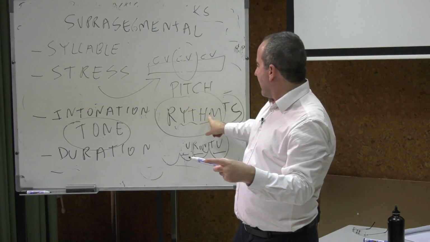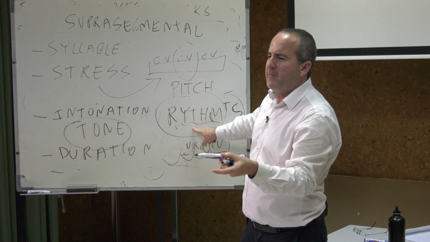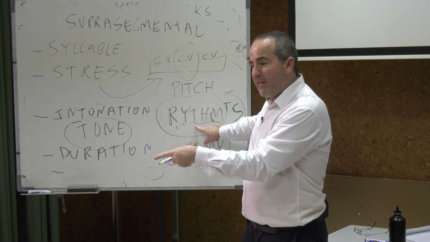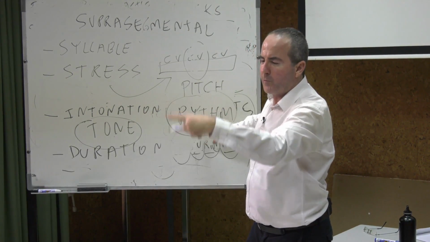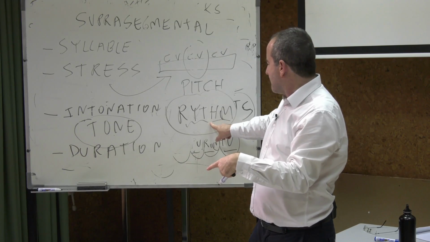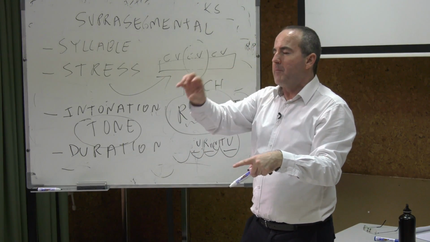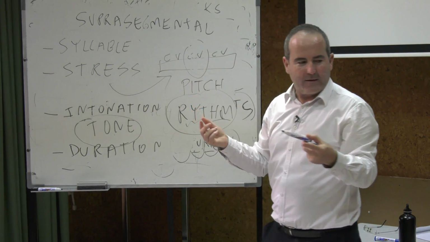And this is the rhythm. So English and Spanish are different with regards to the rhythm, because English has a stress-based rhythm, and you are going to study that in the literature, in the poetry. The poetry that you write in English is very different from the poetry you write in Spanish. Spanish, French, and other languages are syllable-based. The rhythm is syllable-based, and that's very important.